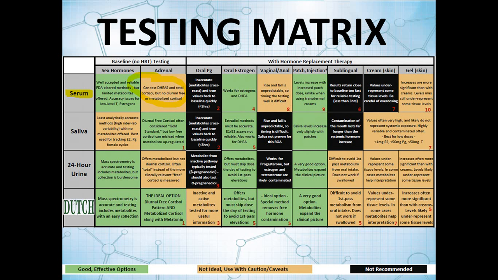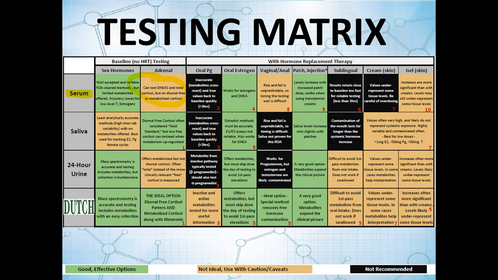With saliva testing, and again, you can watch the individual videos, with the sex hormones it's really not a great method. It's okay if your lab is very good. There just really are some accuracy issues there in terms of the sex hormones, so they're just not as good as some of the other methods. Probably best to be used for tracking hormones throughout the menstrual cycle.